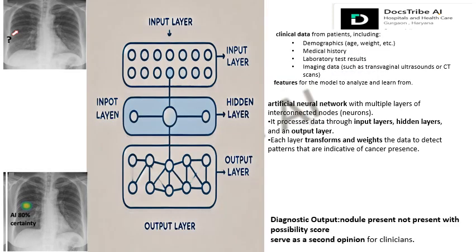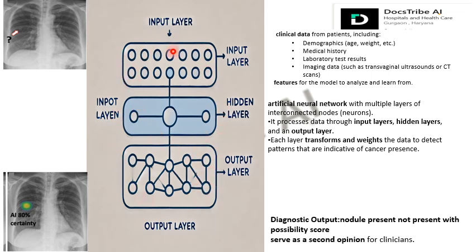So, a little bit into the computation part. You present this image to the AI. The AI will collect clinical data. It already has the text data and the imaging data, like your ultrasounds or your CT scans or your chest X-ray. So this has the features for the model to analyze and learn. Then there is something known as an artificial neural network here.